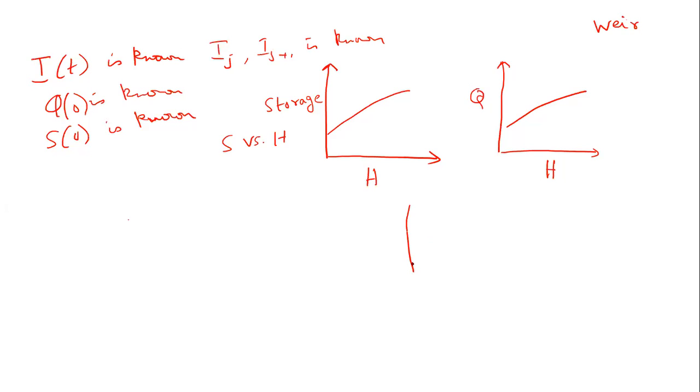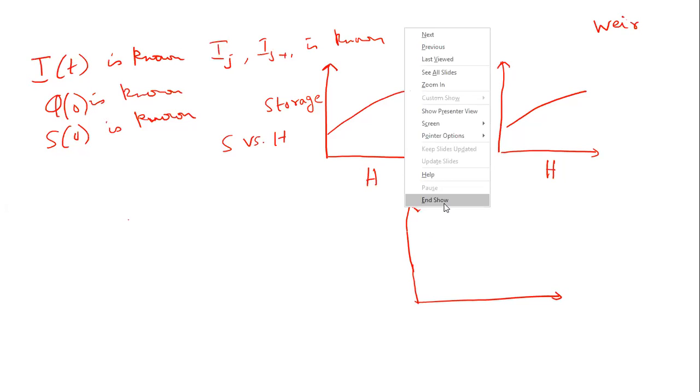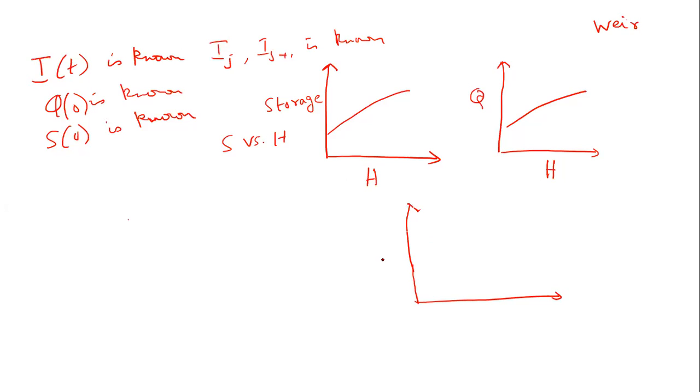I want to generate a curve between Q and 2S by delta T plus Q. Do you think it's possible to develop this kind of a curve, combining these two curves?